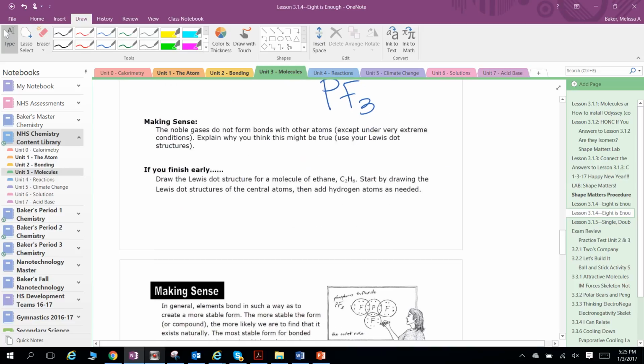The noble gases do not form bonds. Why do you think that's true? Well, the noble gases, like neon, have 8 valence electrons, so they don't have any lonely electrons.